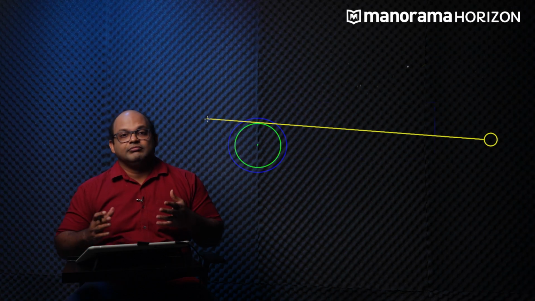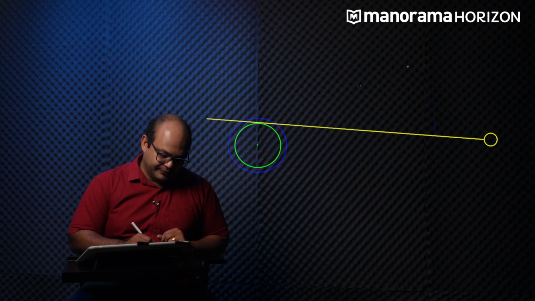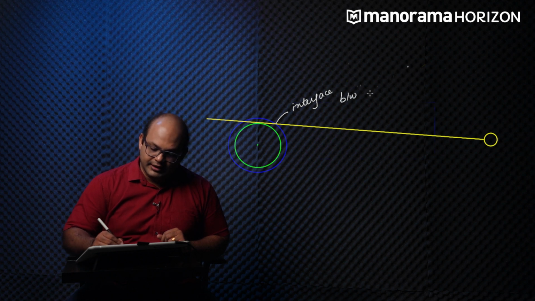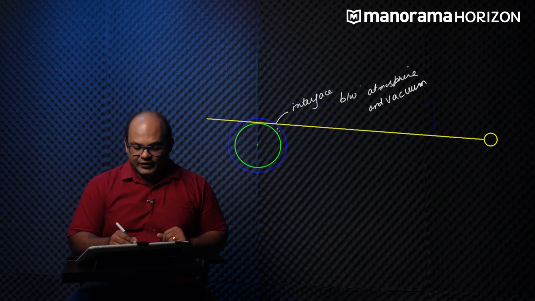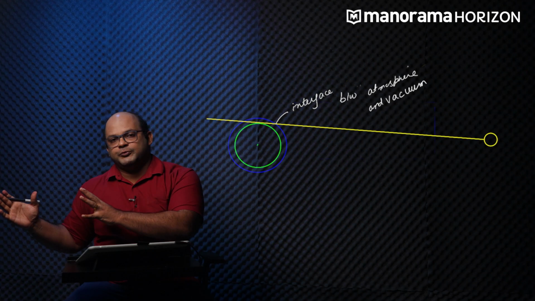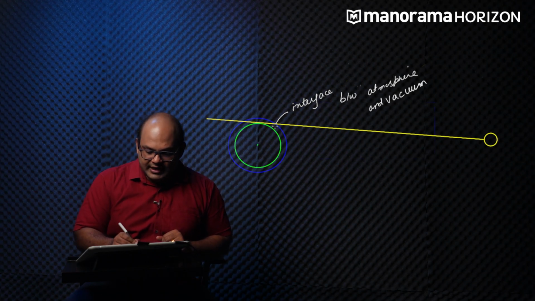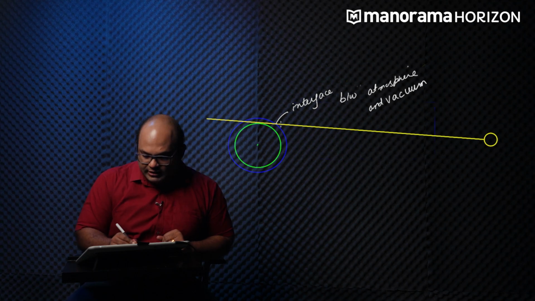But on the other hand, due to the fact that we actually do have an atmosphere, when the ray hits this interface between the atmosphere and vacuum, what we observe is that the light will bend at this interface, and because we are going from a rarer medium, that is the vacuum of space, to a denser medium, that is the Earth's atmosphere, we will actually notice that the ray is bending towards the normal.